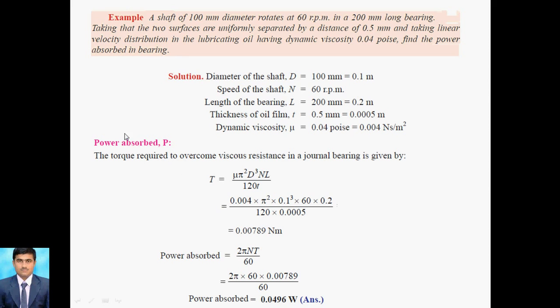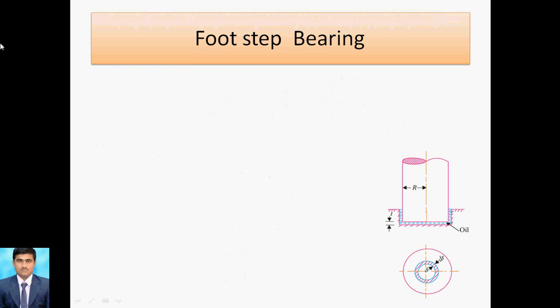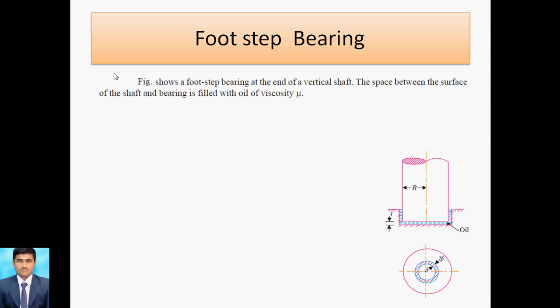So this is regarding the journal bearing. Now we move for the footstep bearing. In footstep bearing, actually the footstep bearing is at the end of a vertical shaft, and the space between the surface of the shaft and bearing is filled with oil of viscosity mu.